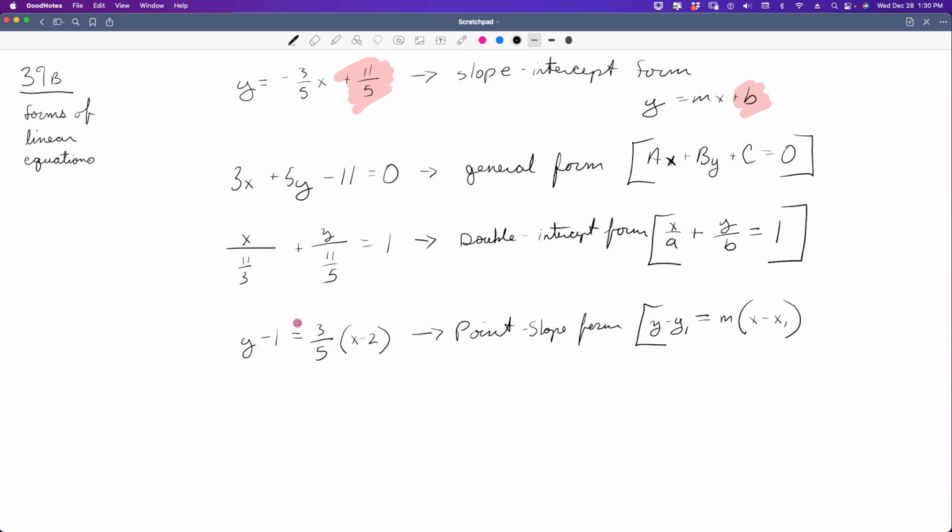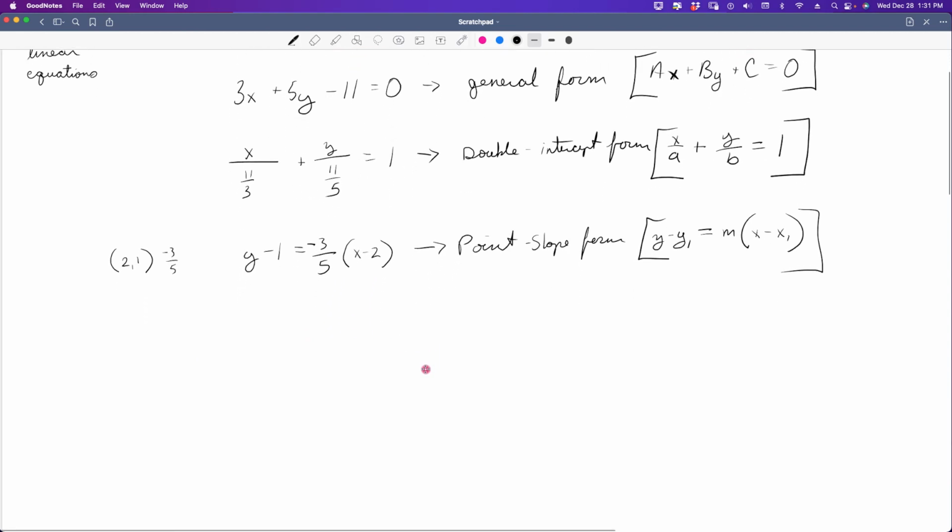I'm sorry, this should be a -3. You take that one point, which is (2, 1) here. This is the point (2, 1). And the slope, we're given the slope is 3/5. And then you put them into that format. Okay. That's what you need in order to do this.